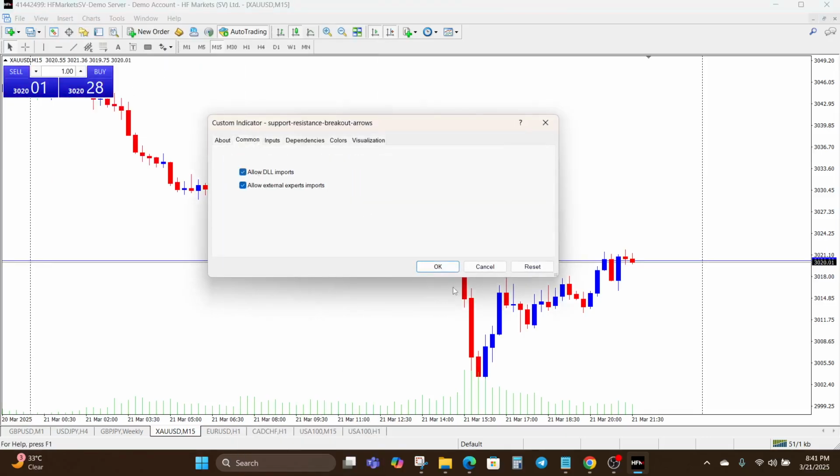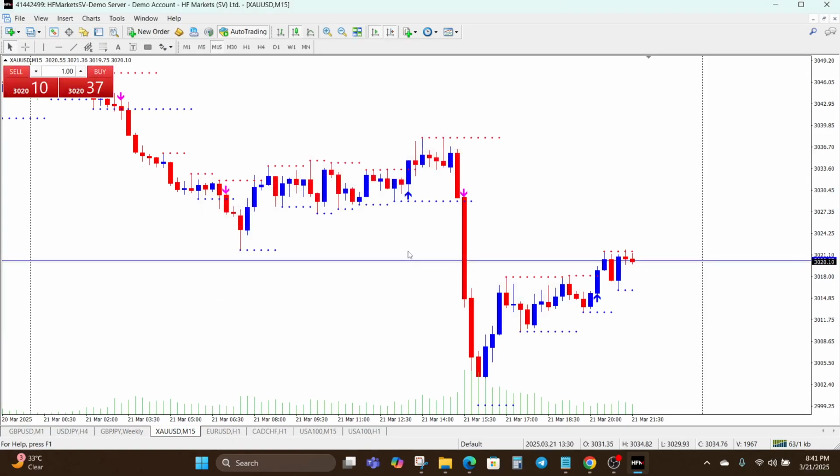All right, so this is the indicator. Now, this indicator is designed to make Forex trading more straightforward and accurate. It uses a combination of Fractal, CCI, and RSI indicators to generate high probability trading signals.